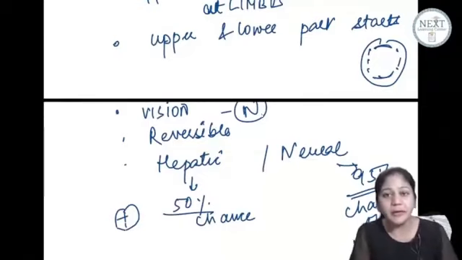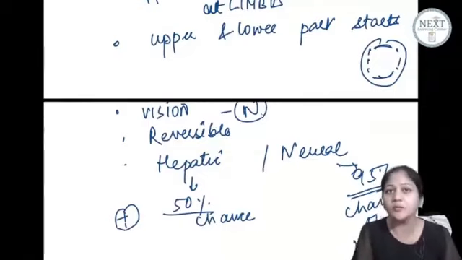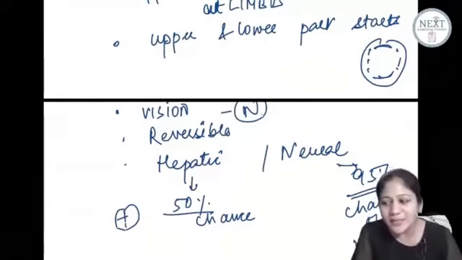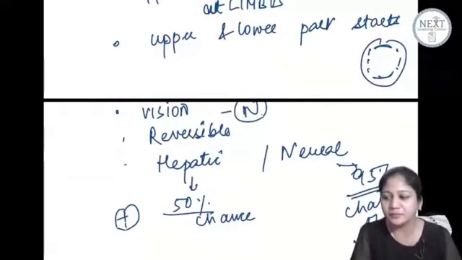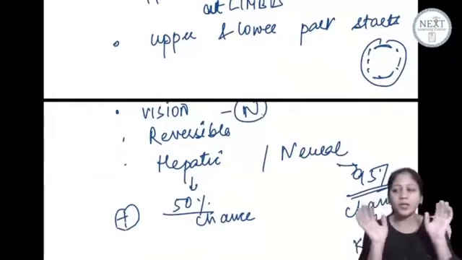But if somebody has a neural involvement, he has a 95% chance of getting this KF ring. Now am I clear? If you have 100 patients with neural involvement, 95% of them will have a KF ring. Now is it clear, Dr. Murthy?